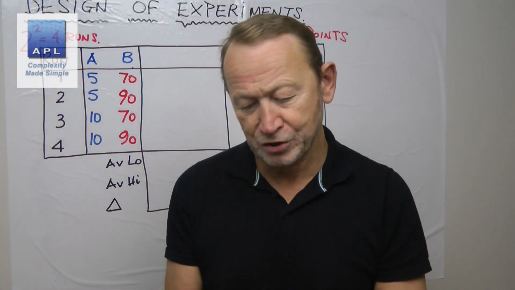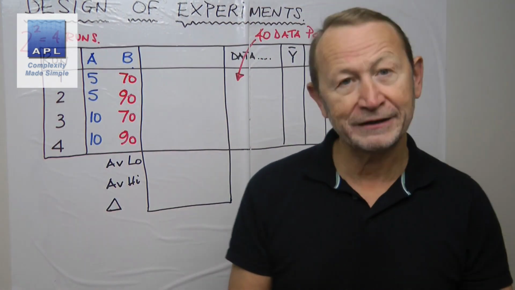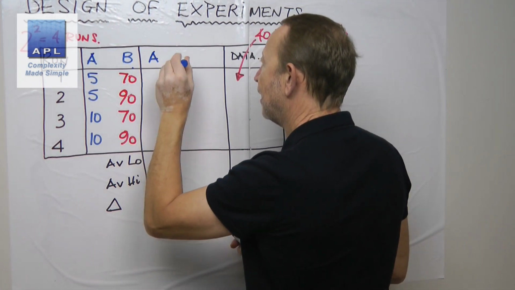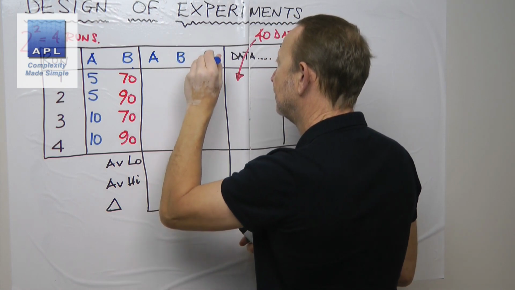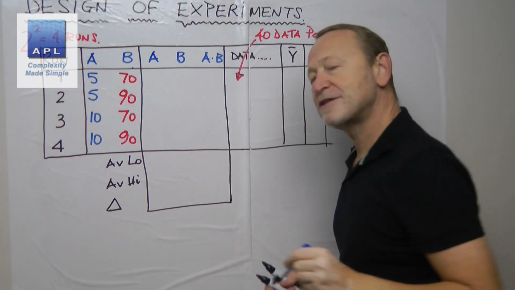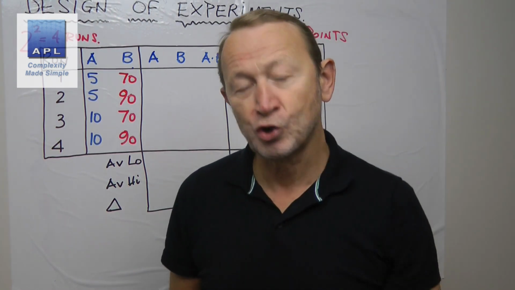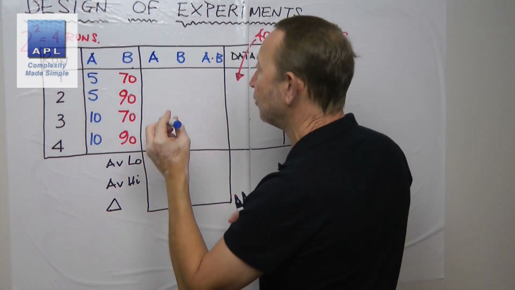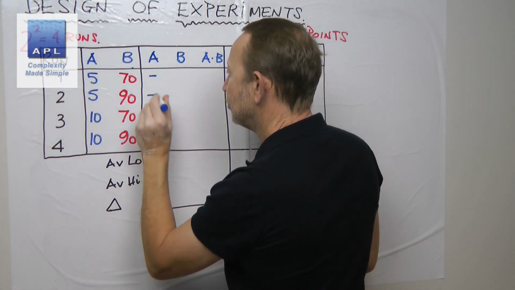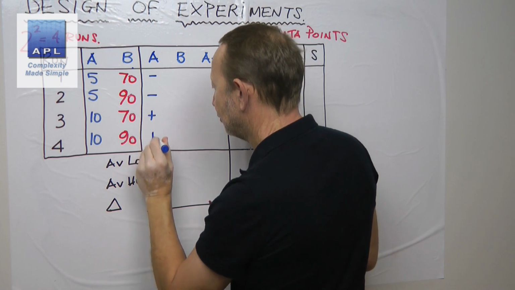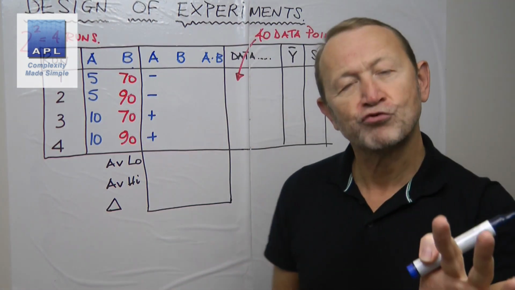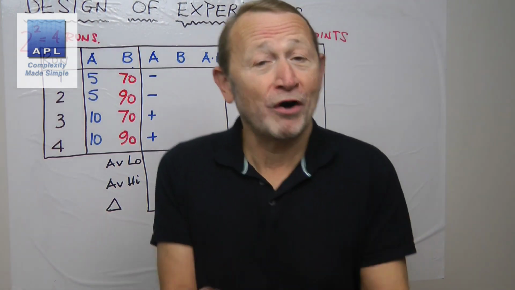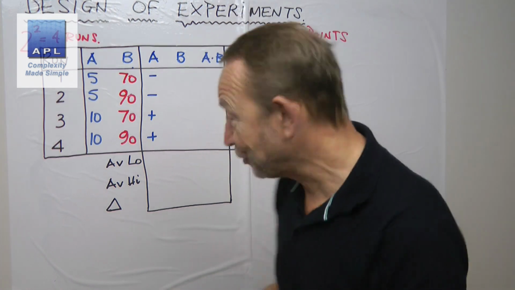Well, what the computer's going to do is turn that pattern into a coded pattern, so it looks like this. You've got A, you've got B, and it will add the A-B interaction in there. You'll never see this column though. So it's going to go minus, minus, plus, plus. By the way, I've dropped the 1 just purely for simplicity. You know that 1 comes after the sign, so it's always going to be a 1.